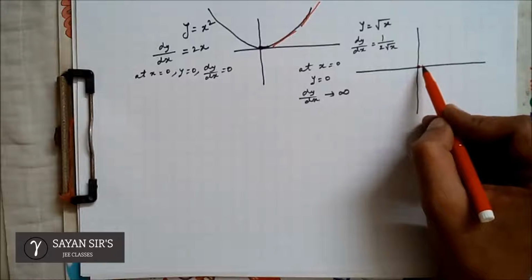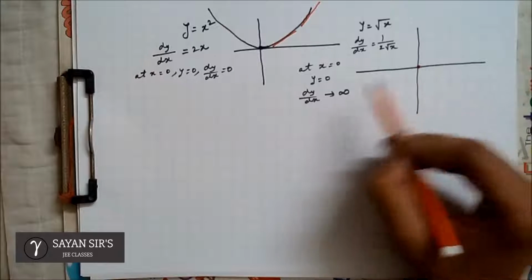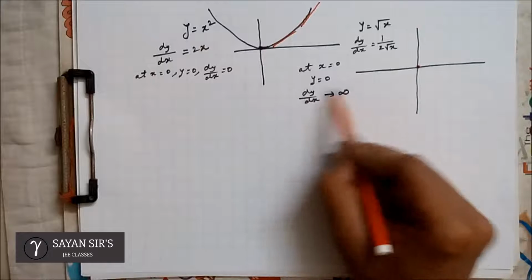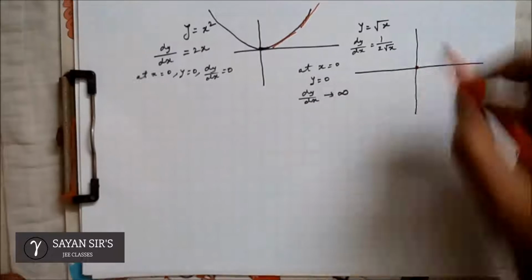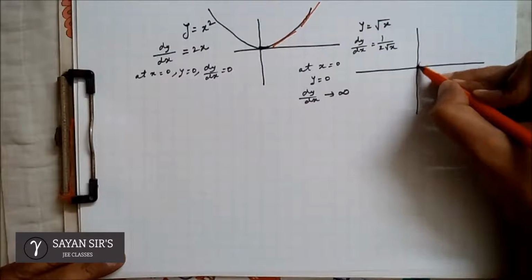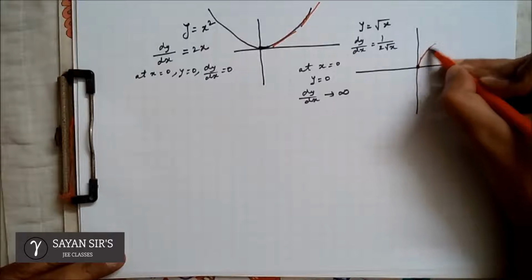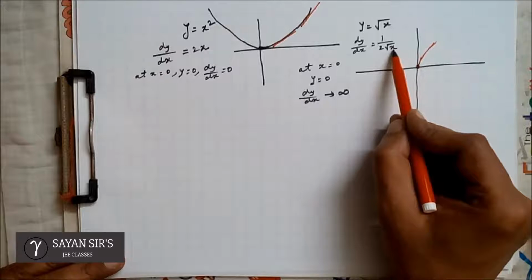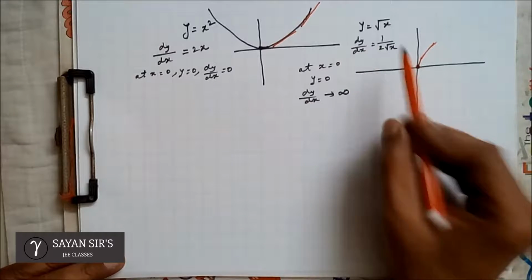Also, what will be the slope at the origin? At the origin, the slope goes to infinity. So tan inverse of infinity means 90 degrees. So the graph will start somewhat like this. Also, we can see that as x increases, my slope keeps on decreasing.